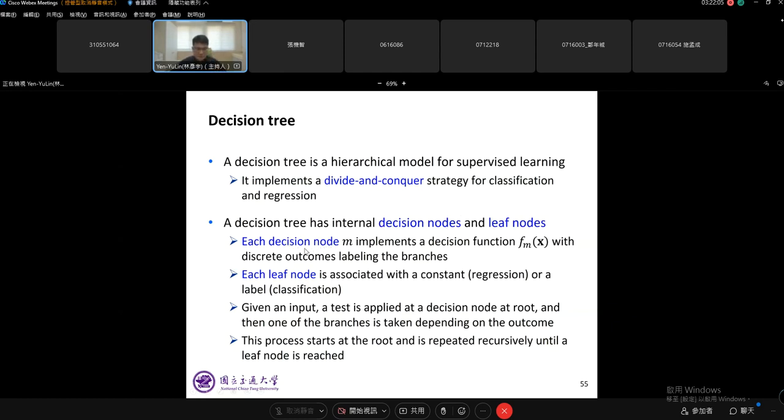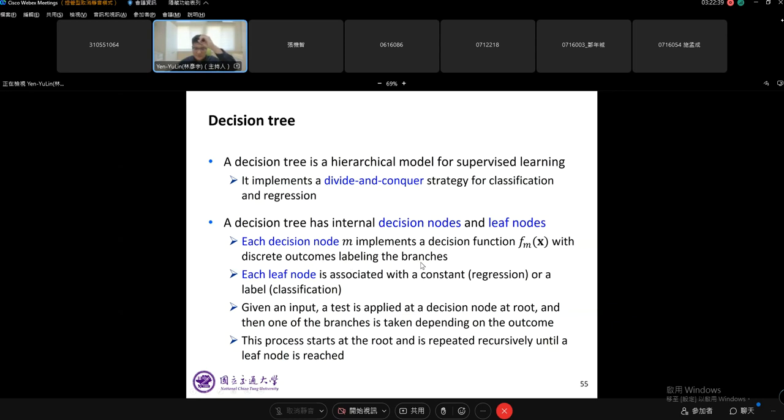For each decision node m, we use m to denote one particular decision node. This decision node is associated with a decision function f_m(x). This function takes one particular data point as input, and its output is used to indicate the discrete outcome labeling the branch. This is an internal node.